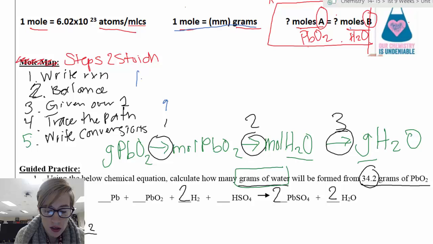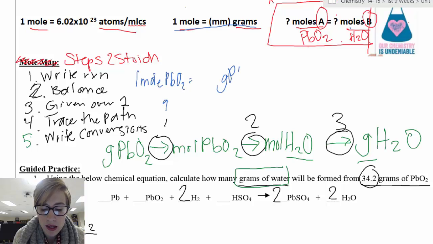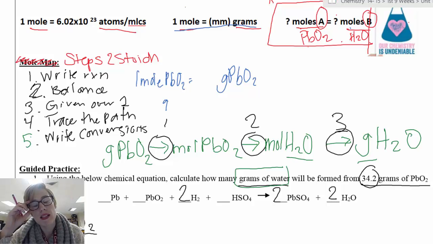So I am going to use 1 mole of PbO2 equals, what does the MM stand for? That stands for the molar mass of your substance. So I have to find the molar mass of PbO2. Molar mass is something we learned in the first unit of the semester.